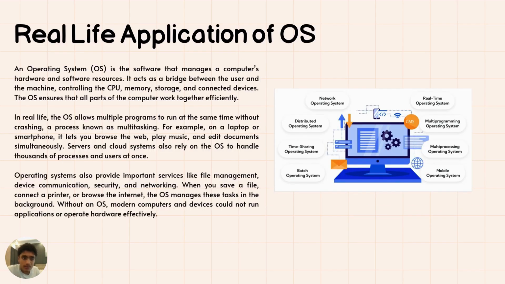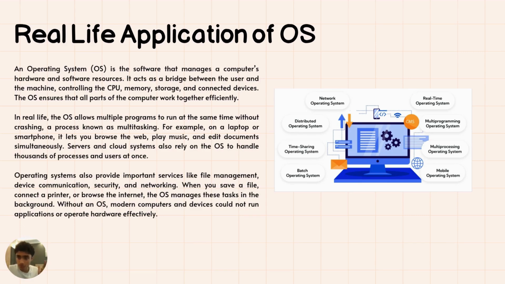Last but not the least, let's discuss the real life applications of operating systems. It is used in every device such as your computers, smartphones, tablets, and on huge servers to manage hardware, which is the physical components of your system, and it runs applications.